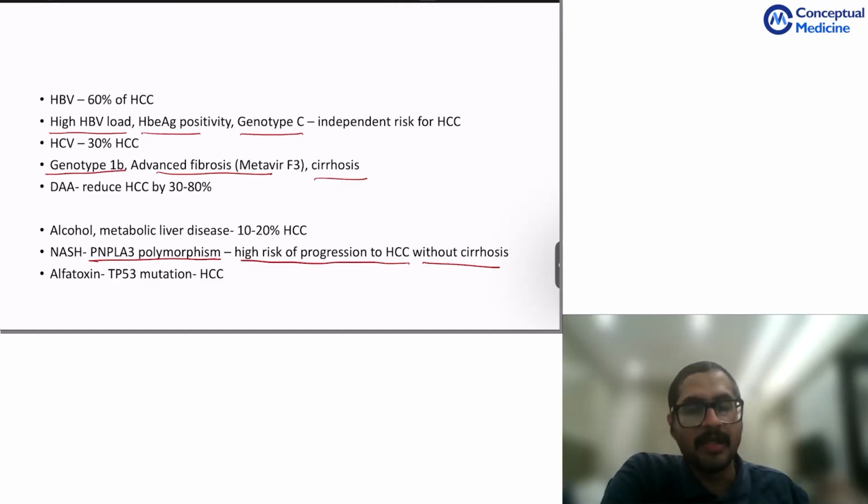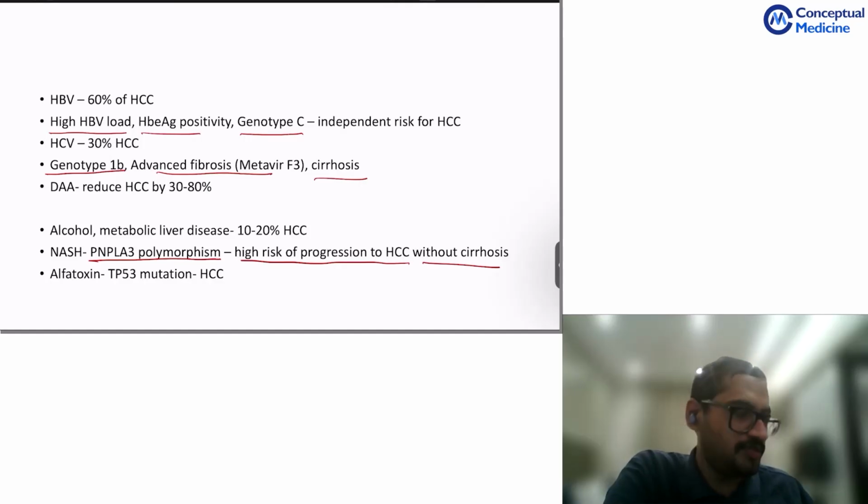Whereas in NASH, a patient with fatty liver can directly go into hepatocellular carcinoma without developing liver cirrhosis. That is because of this gene, PNPLA3. So PNPLA3 polymorphism in NASH is associated with a high risk of transformation into HCC.